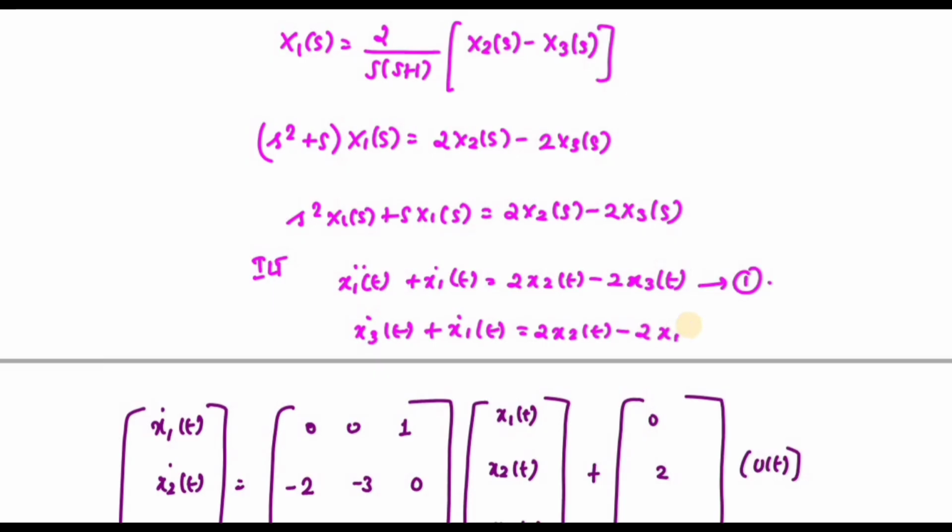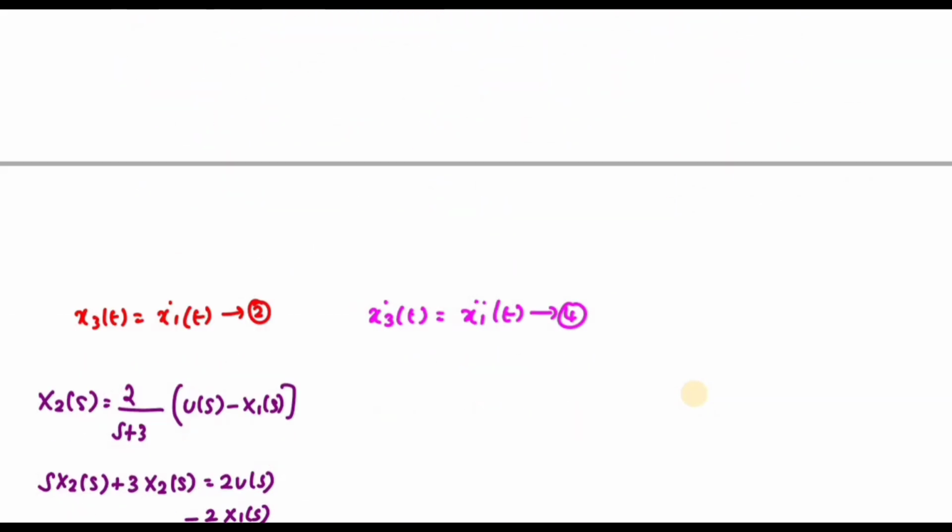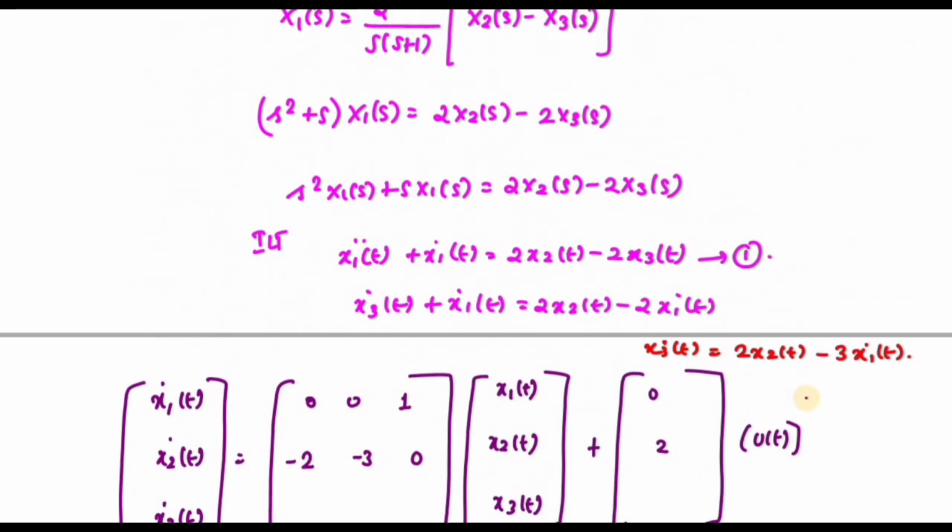I'm going to substitute x1 dot(t). So you get the answer as x3 dot(t) is equal to 2x2(t) minus 3x1 dot(t). Okay, so what is x1 dot(t)? x1 dot(t) is x3(t), right? So you substitute it here: 2x2(t) minus 3x3(t).